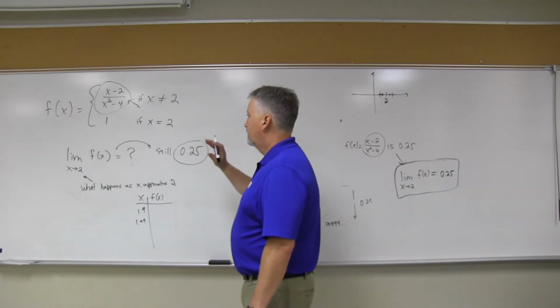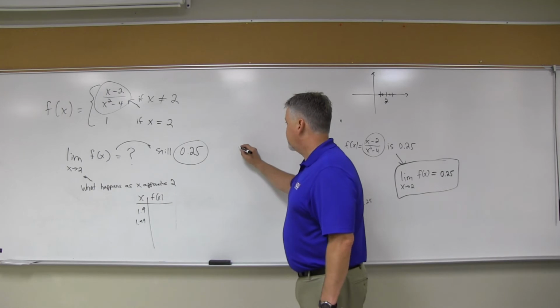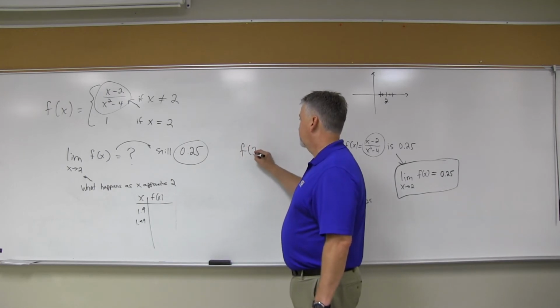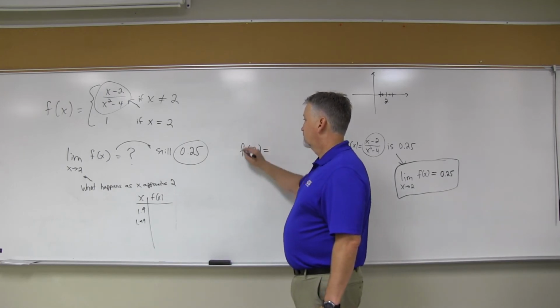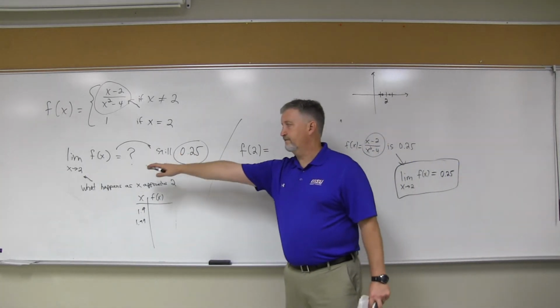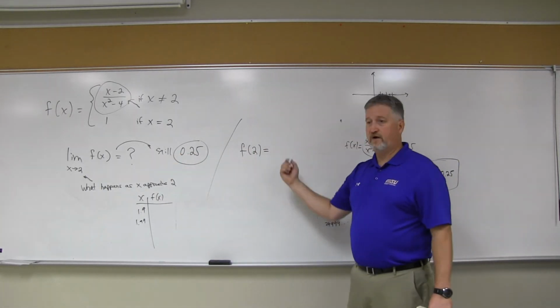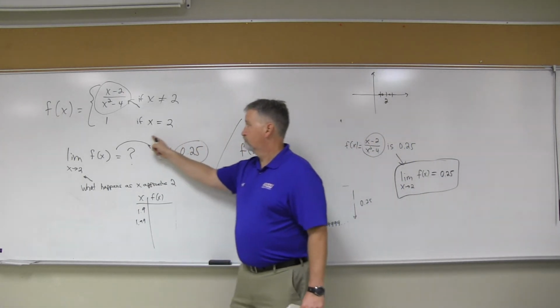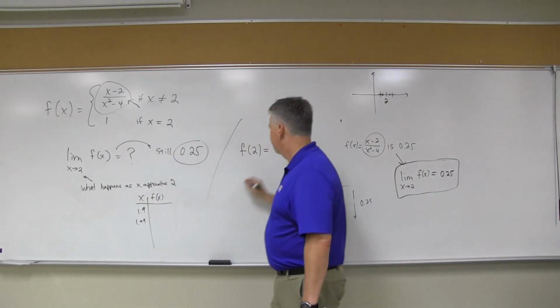So, if I ask you then, well, what's the function value at 2? Separate question. So the limit is 0.25 as x approaches 2. What's the function value at 2? It's 1.